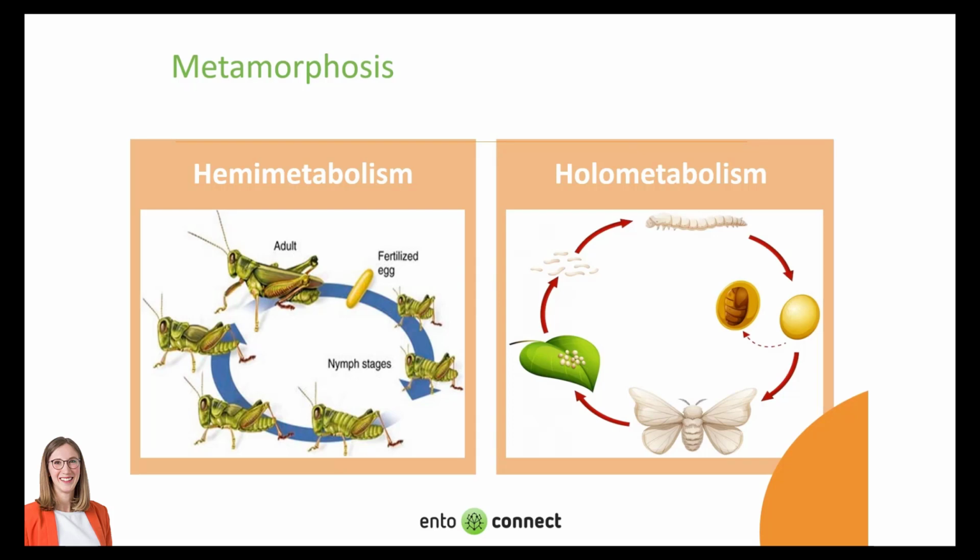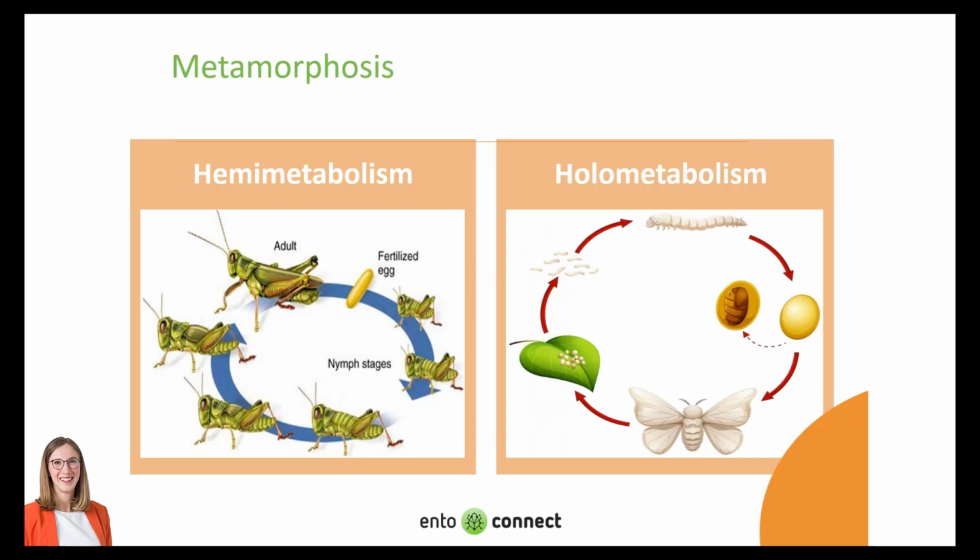A tiny nymph hatches from the egg, much smaller than the adult but looking very alike. It molts several times and grows. With its final molt, it becomes an adult with wings, fertile and able to reproduce. But it basically looks like the same version, just in a different size.